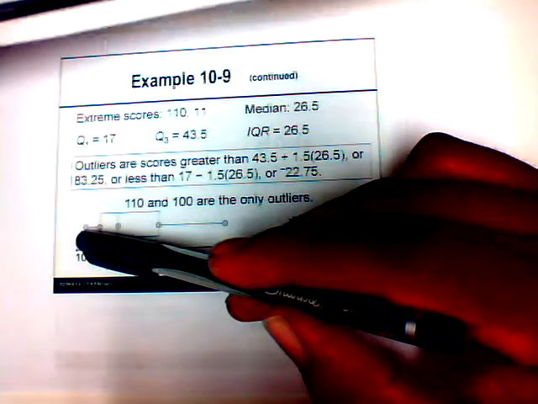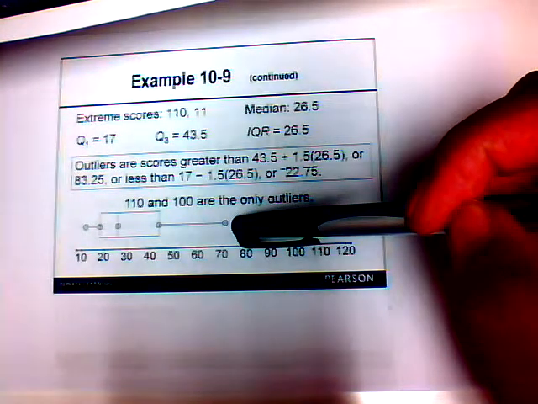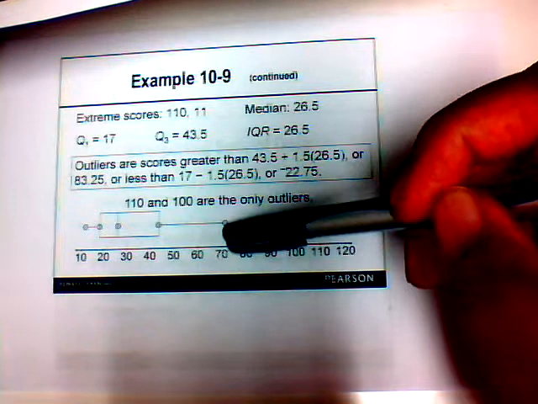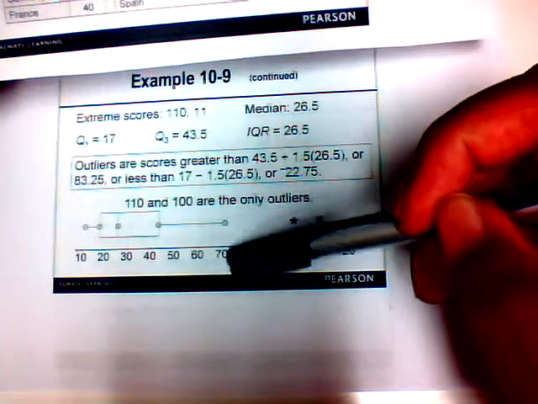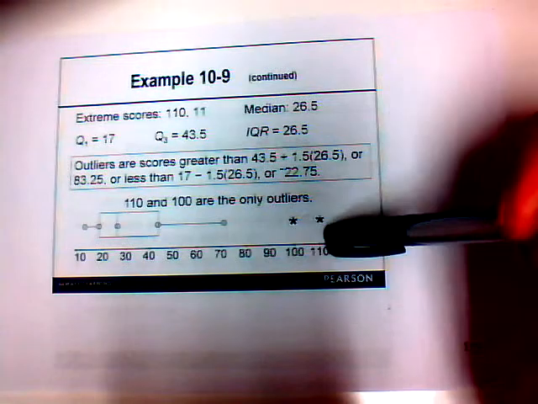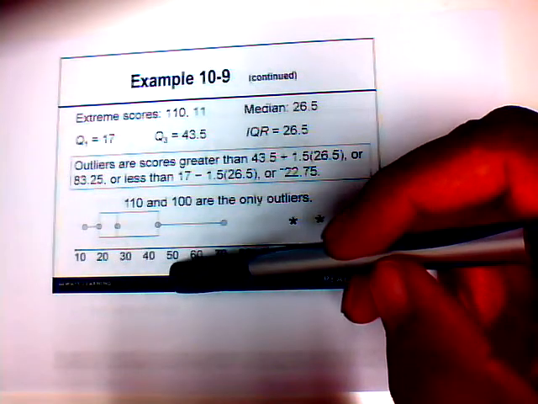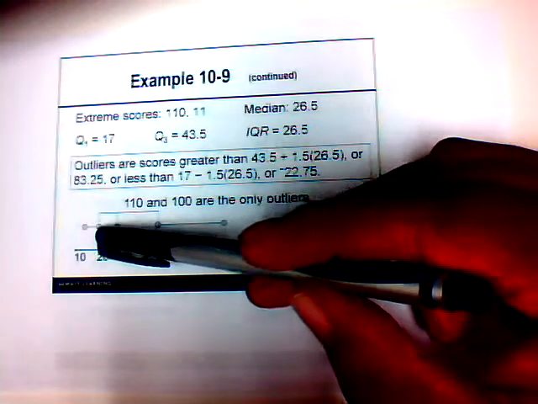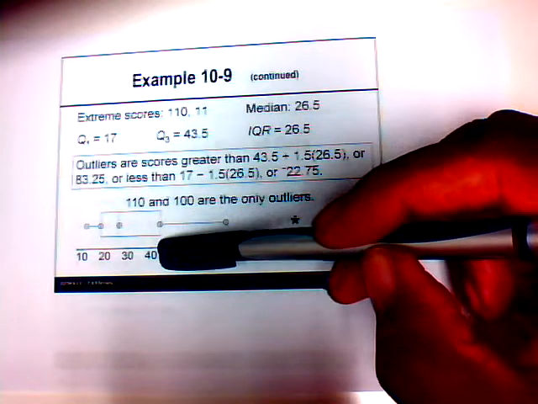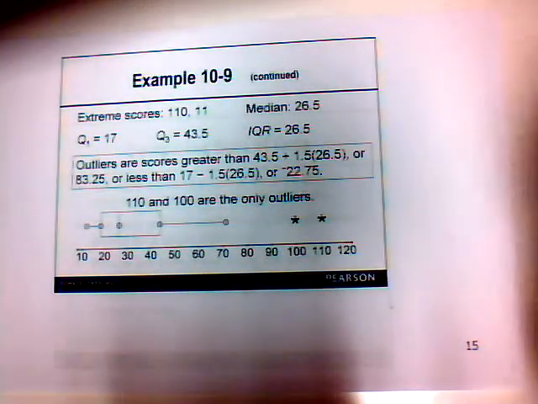The lowest was 11, the highest, in this particular case, they're going to consider 72 as the highest, because these two are outliers here. They're denoted by asterisks. And of course, this is your Q1, which is 17. Q3 is 43.5. The median is 26.5.